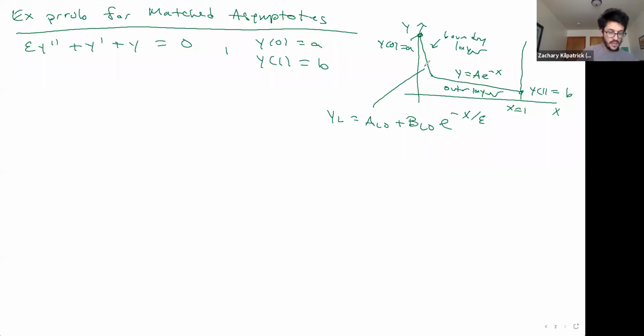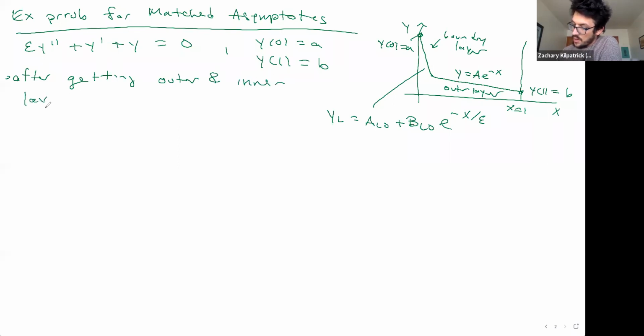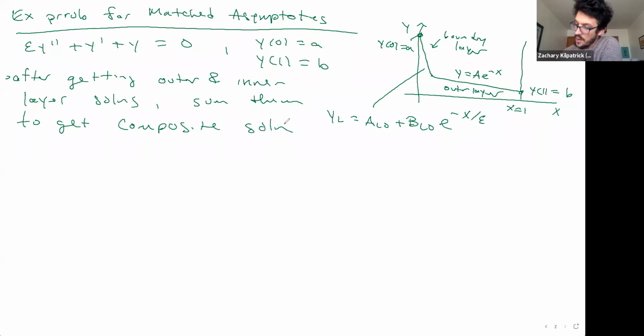Now, the last thing we talked about is when you construct the solution, after getting the outer and inner layer solutions, you're going to essentially sum them to get the composite solution, but you subtract the common part.